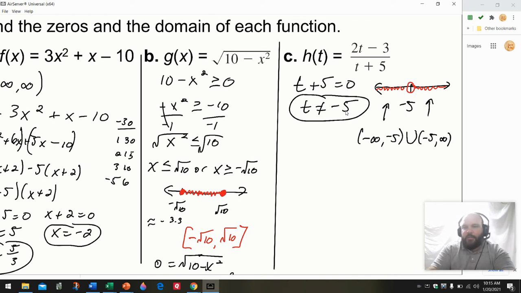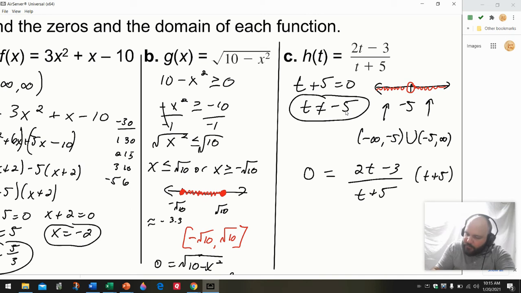Now, the next thing that we have to do is to find the 0 of this function. That's easy enough. We just set the whole thing equal to 0. The first thing we're going to do is multiply both sides by t plus 5. When I do that, 0 times anything is 0, so this side still stays 0.